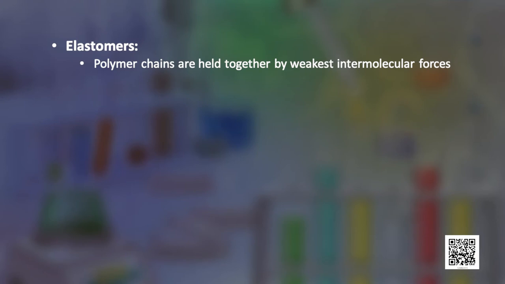Based on the magnitude of these forces, polymers can be classified into 4 subgroups as elastomers, fibers, thermoplastic and thermosetting polymers. While elastomers are rubber-like solids with elastic properties, in these polymers, the polymer chains are held together by the weakest intermolecular forces, and these weak binding forces permit the polymer to be stretched.